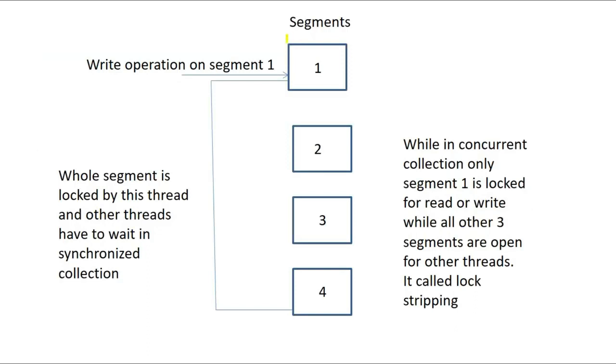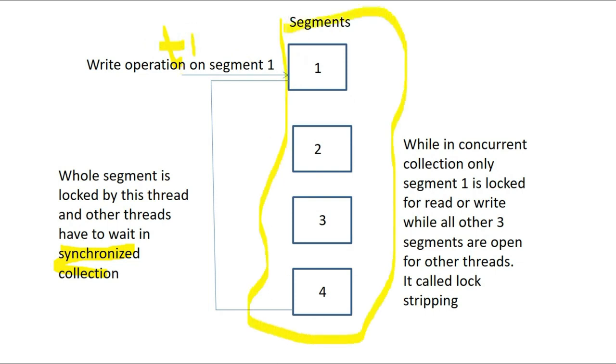In a basic synchronized collection, whenever one thread T1 is writing something on a particular segment of the complete collection, the whole collection is actually locked, and no other thread can read from any of the remaining segments. They all have to wait until this particular operation is completed. So this was about the synchronized collection.